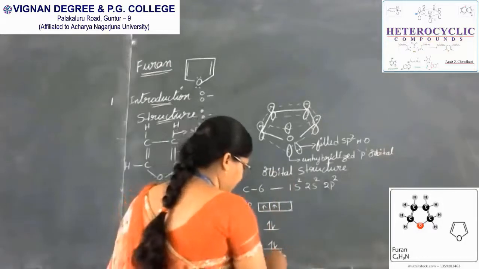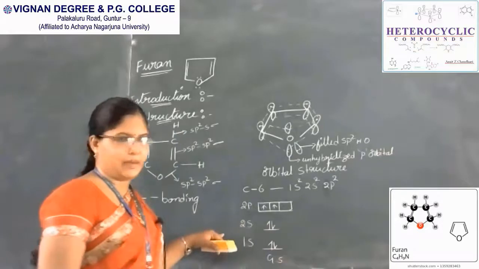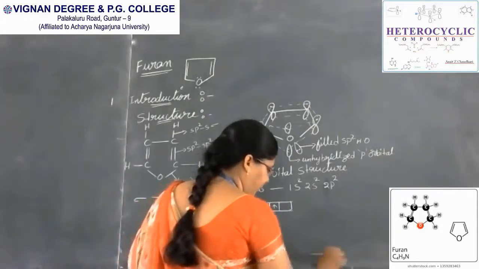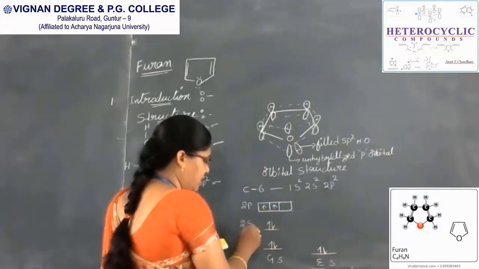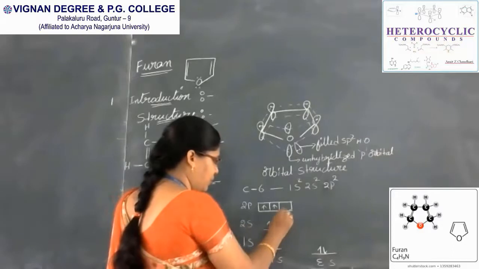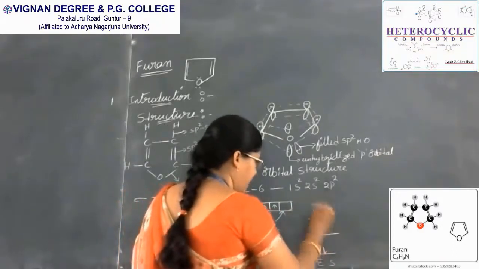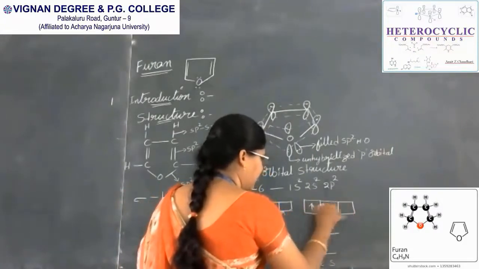This is the ground state electronic configuration of a carbon atom. In the excited state, one of the electrons present in the 2s orbital moves to the 2p orbital. That is, the 2s orbital contains only 1 electron, and the 2p orbital contains 3 electrons.